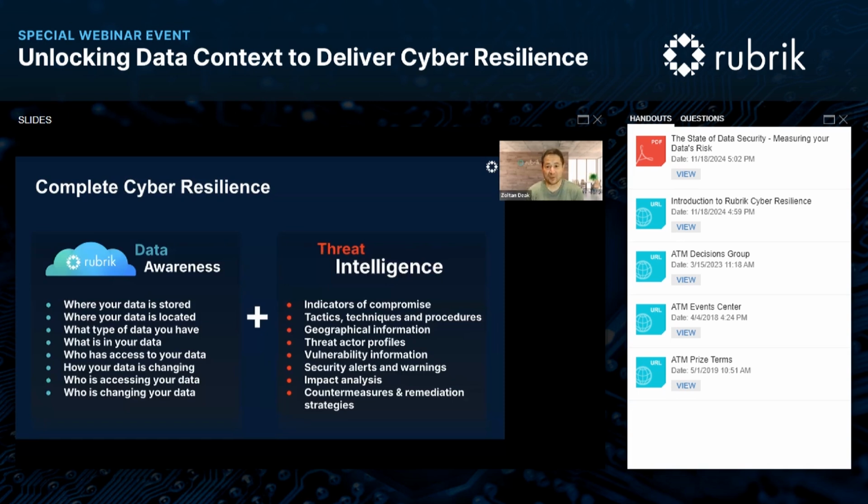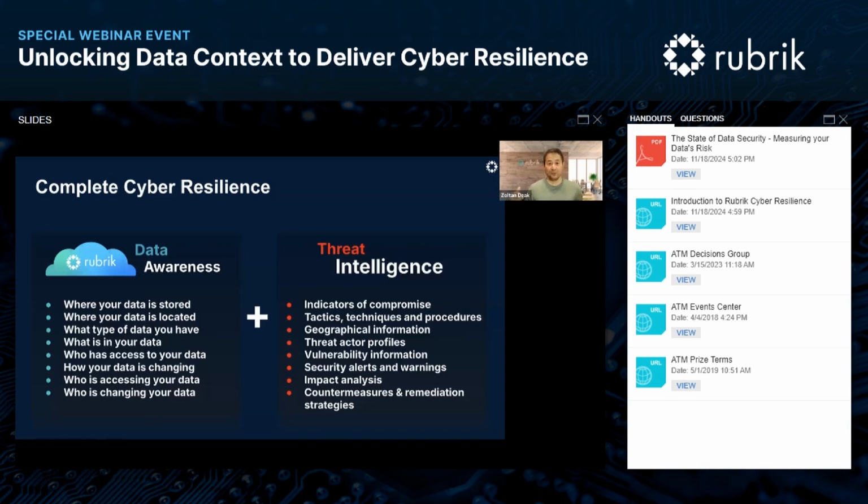Whether we're talking about network security, cloud security, endpoint security, they generally have tremendous insight into threats so they can identify when an attack is happening and stop that attack. They have insight into IOCs, TTPs, vulnerabilities, threat actor profiles, but they don't have any understanding of the data they're protecting. They can't because they don't have anything scanning the data itself.